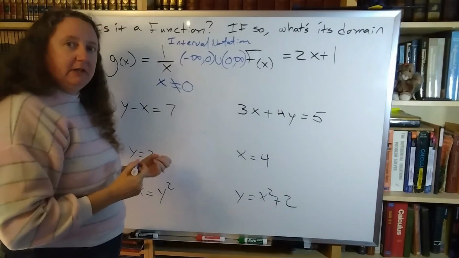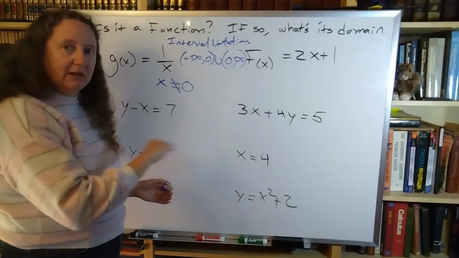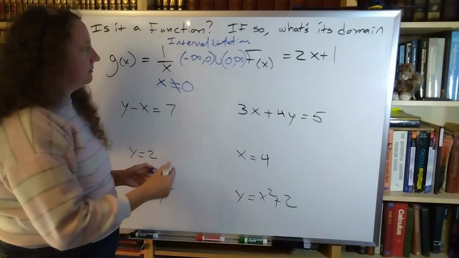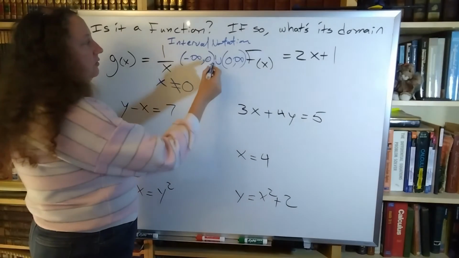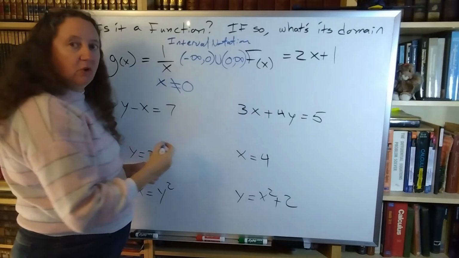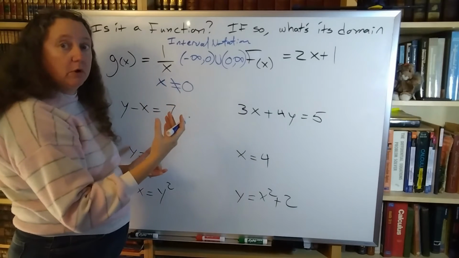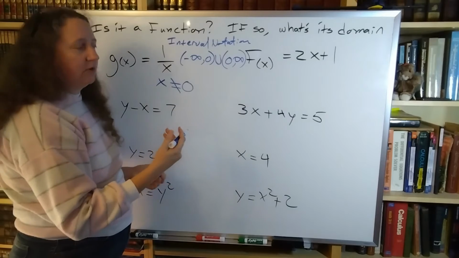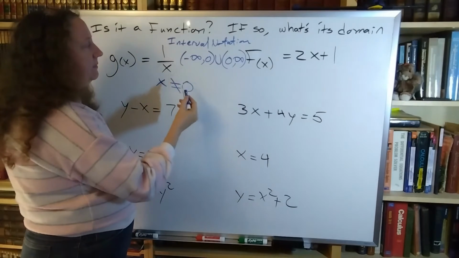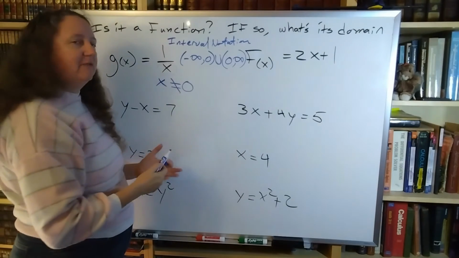And remember, infinity always gets the round parentheses, it never gets the square bracket. This symbol here means or. Or you can also use the word union, which is the more correct term for this. So that's one way of writing it.